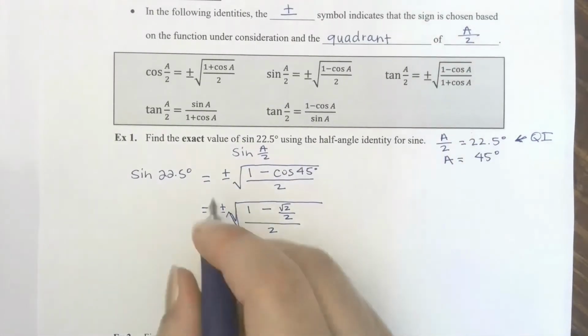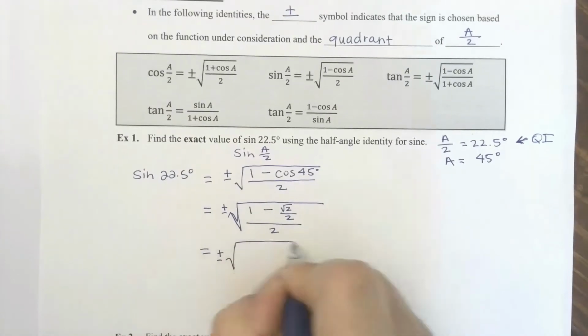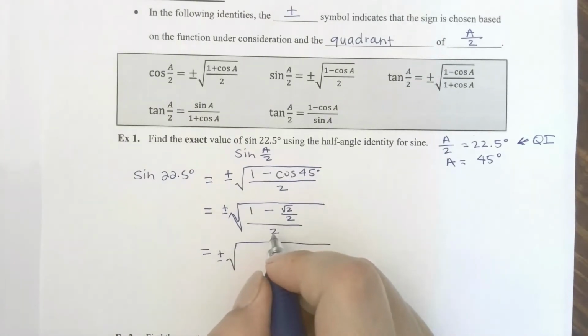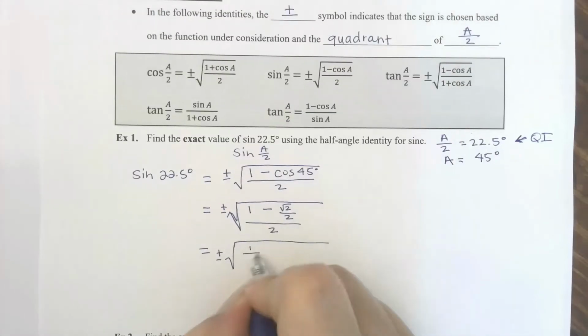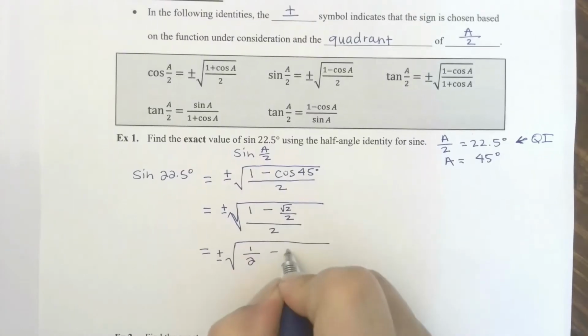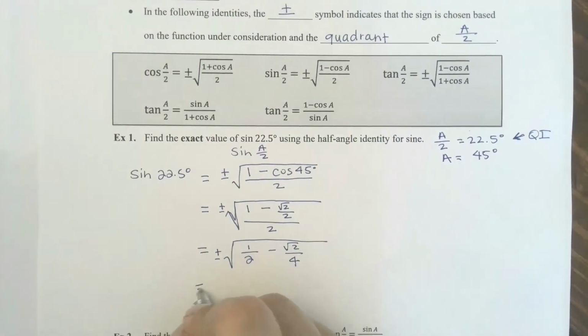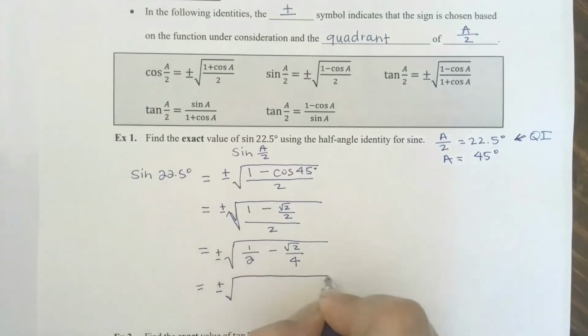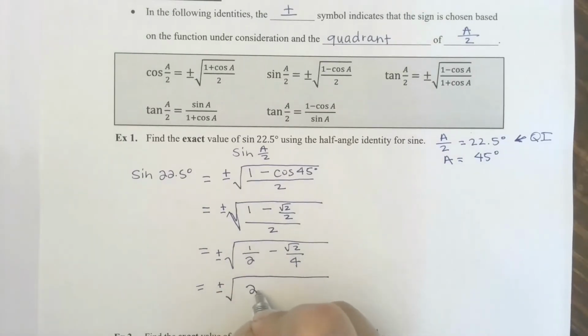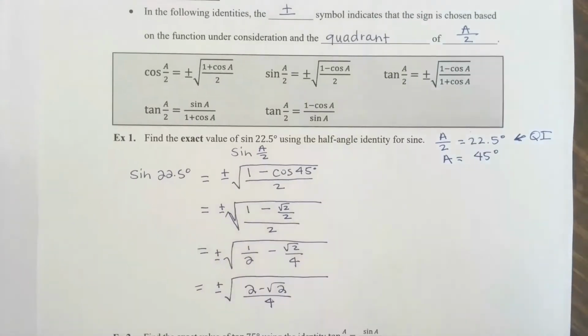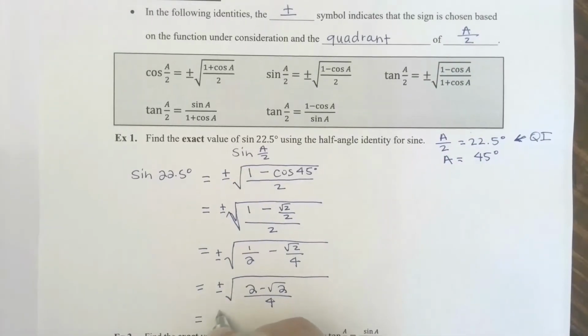Now we simplify. We have plus or minus the square root of 1 minus square root of 2 over 2, all over 2, which can be written as 1 over 2 times that, so 2 minus square root of 2 over 4. That is equal to plus or minus the square root of 2 minus the square root of 2, over 2.